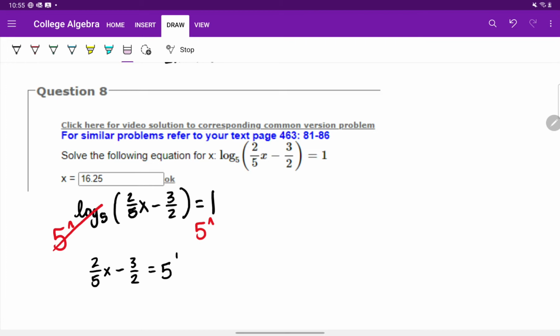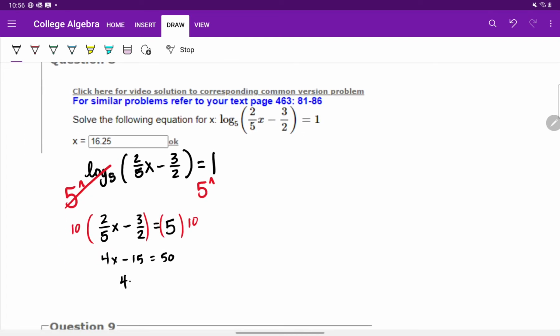Now 5 to the power of 1, of course, is just 5. And then to solve this for x, we can just use basic algebra. I'm going to multiply both sides by 10. That's going to eliminate my fractions here. So that'll give me 4x minus 15 equals 50, which is 4x equals 65. And then you can solve for x. You end up with 16.25.